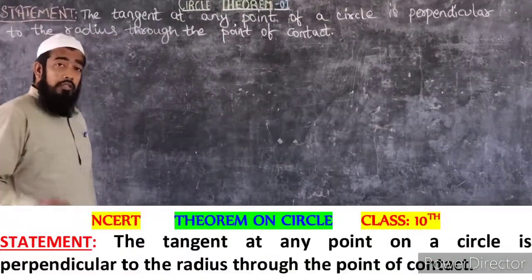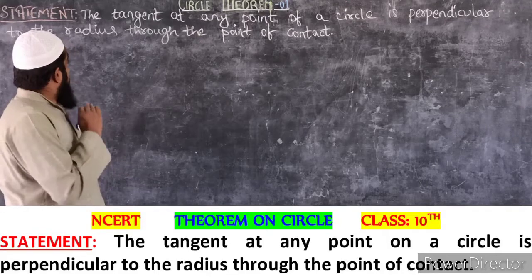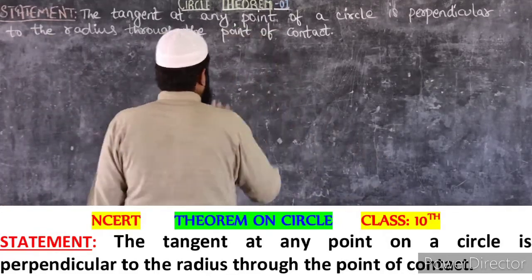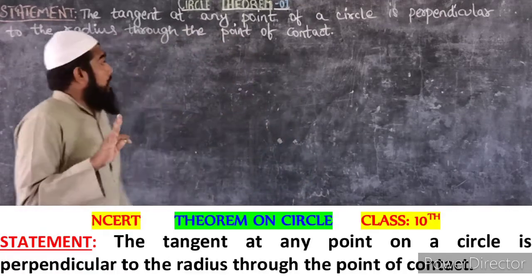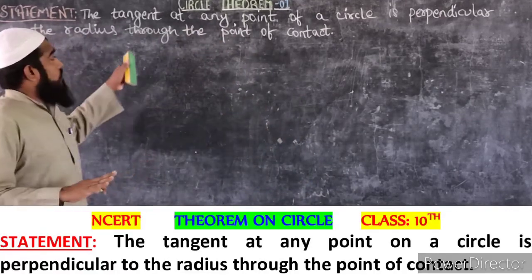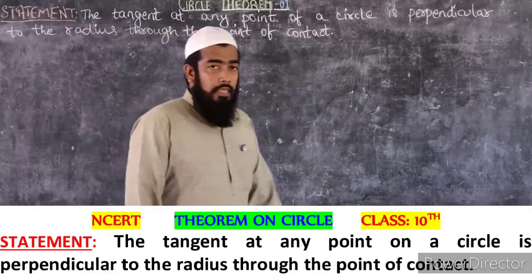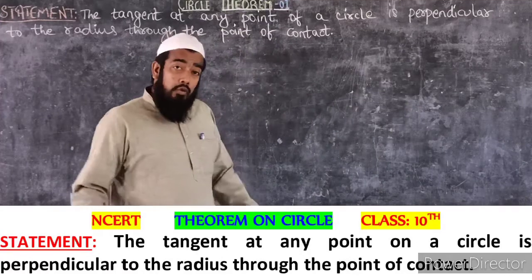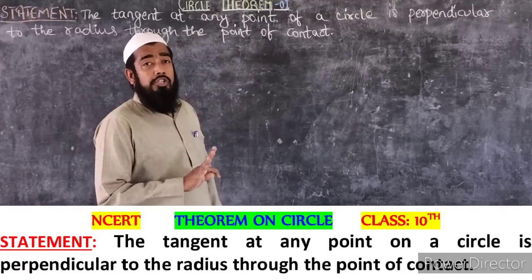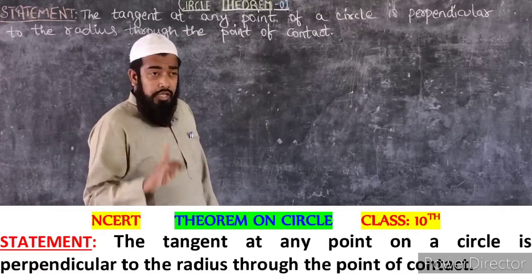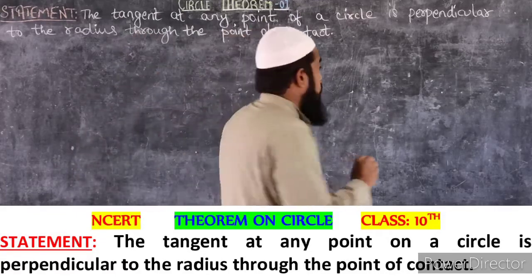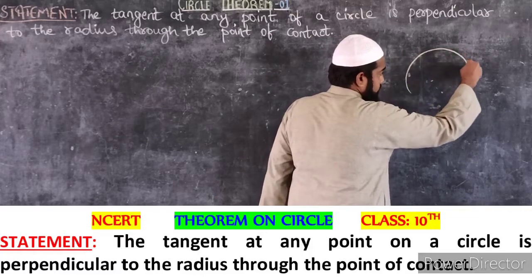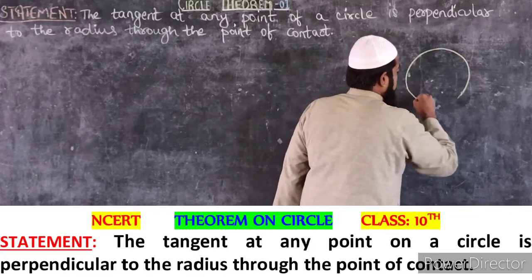Here in this particular theorem, the statement is: the tangent at any point of a circle is perpendicular to the radius through the point of contact. That means the statement is about a circle and a tangent. So first of all, we need to draw a circle here.